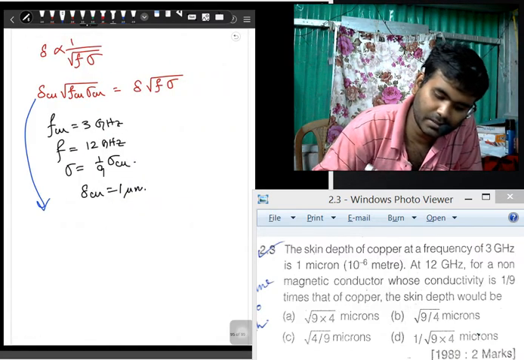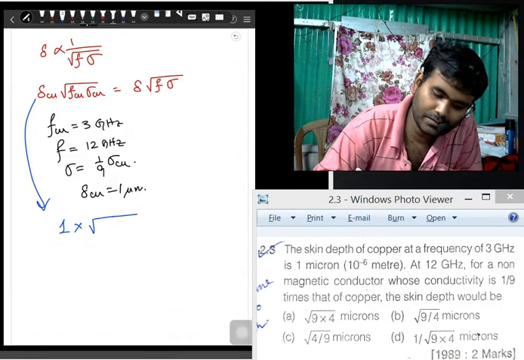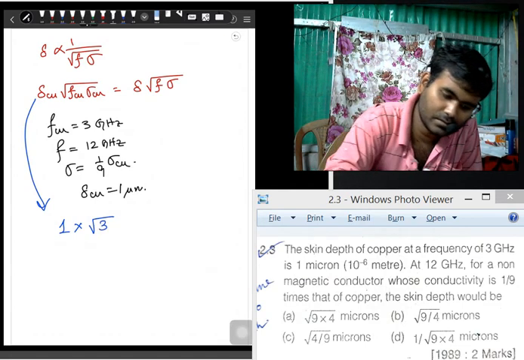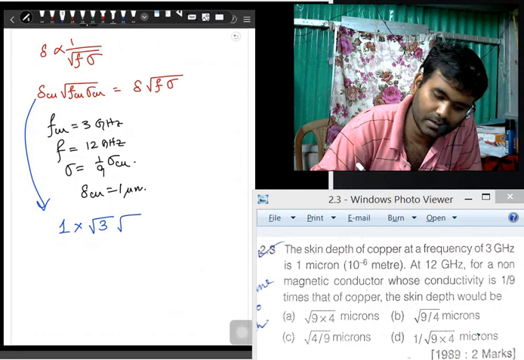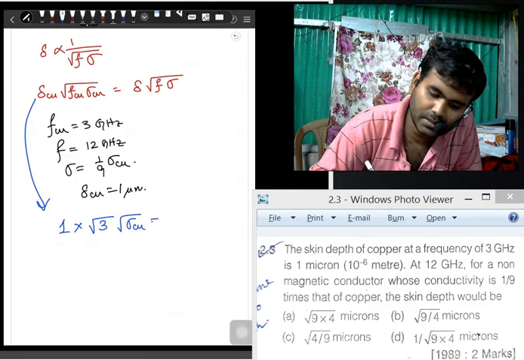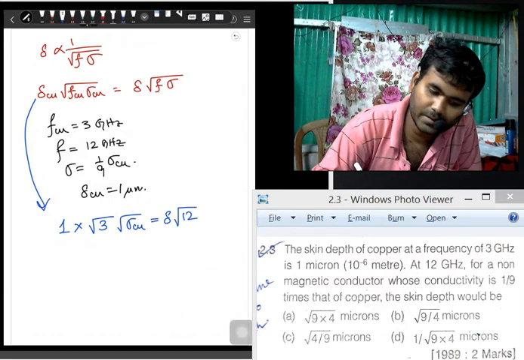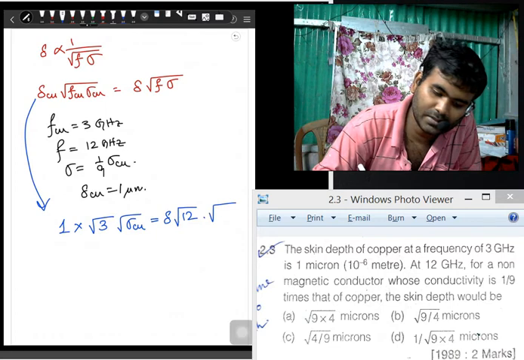So from this equation, that is 1 micrometer times under root of f copper, which is 3 gigahertz, so you can write under root of 3, and under root of sigma copper. And that is basically delta times under root of f, which is 12 gigahertz, and under root of sigma, which is 1 by 9 times sigma copper.